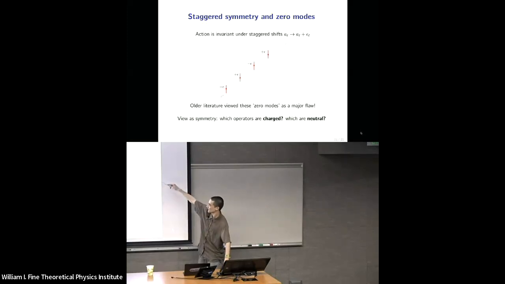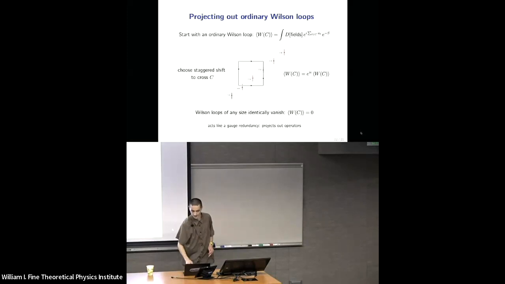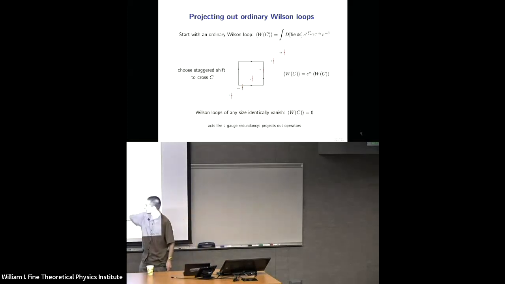We want to view this as some kind of symmetry or invariance, so we should ask which operators are charged and which are neutral. The ordinary Wilson loop transforms under the staggered shift. We can always choose this shift such that one link in this contour gets shifted by epsilon.